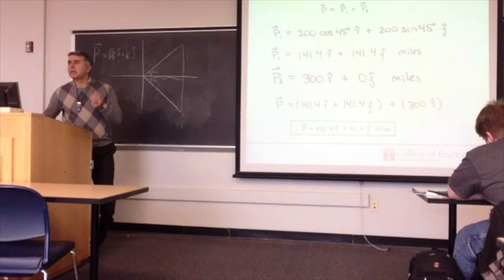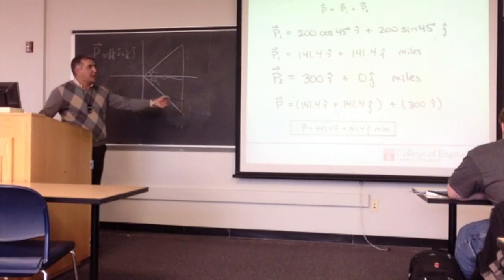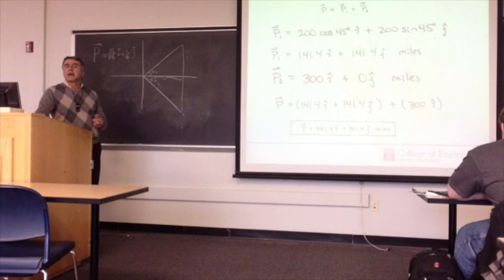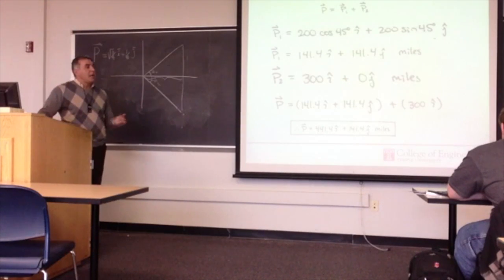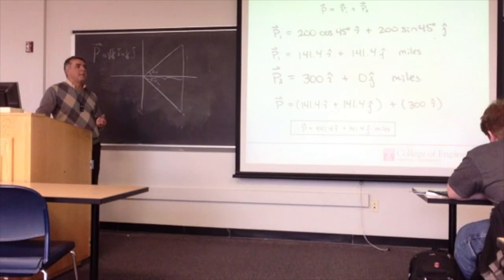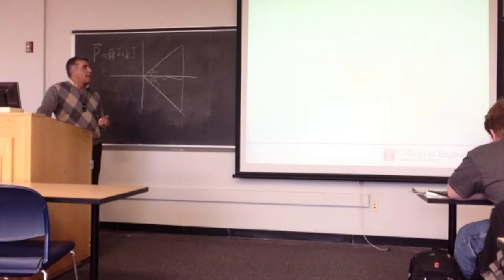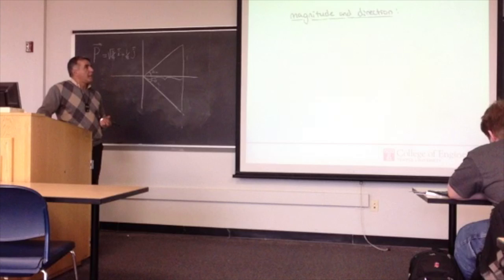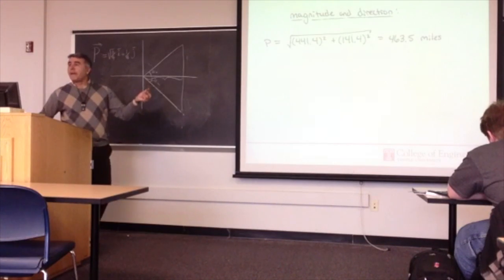How fast is this ship traveling and where? Does it tell me that? It is. How? In order to find the magnitude from here, what do we do? Right? So now you know how fast it's going.